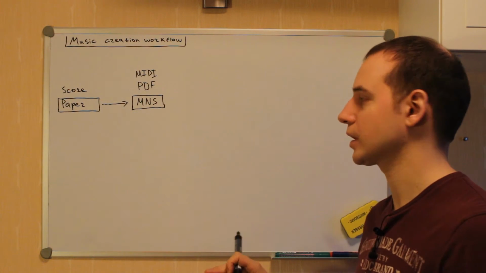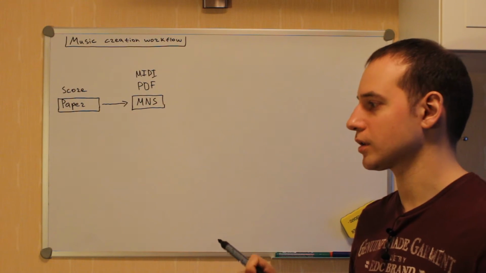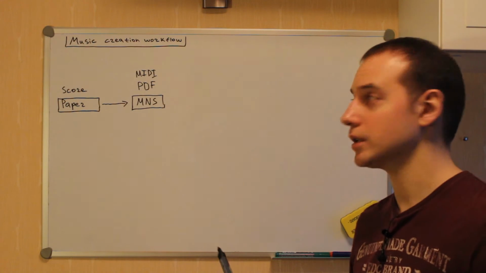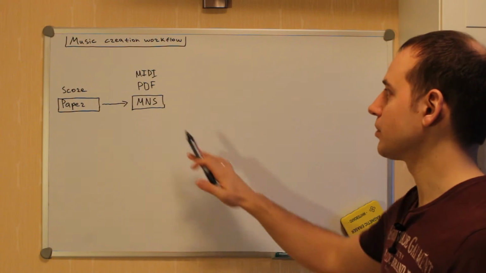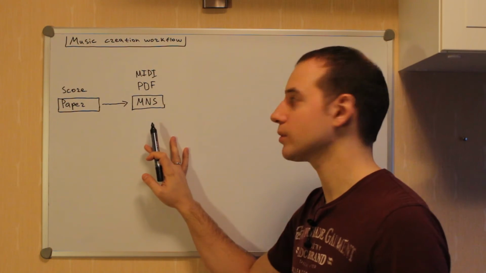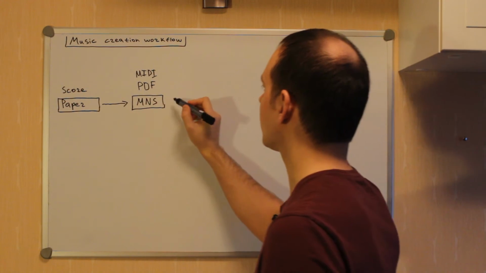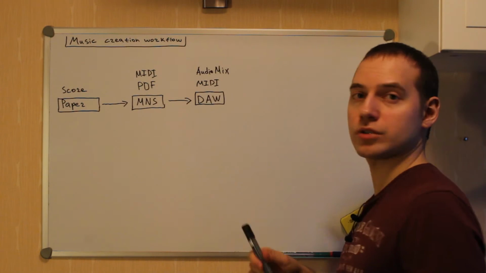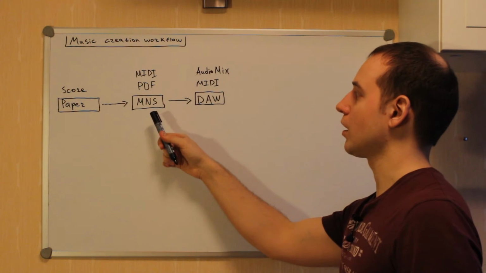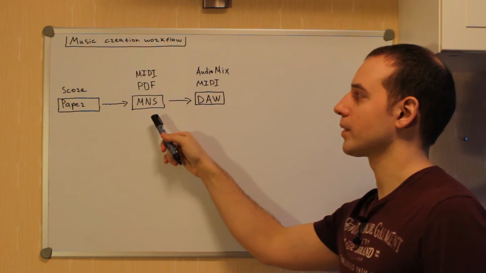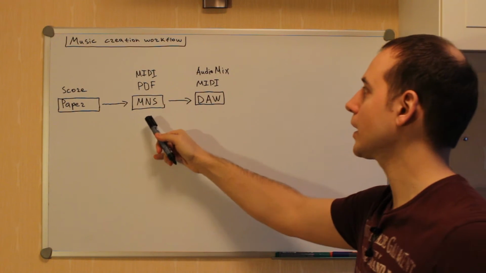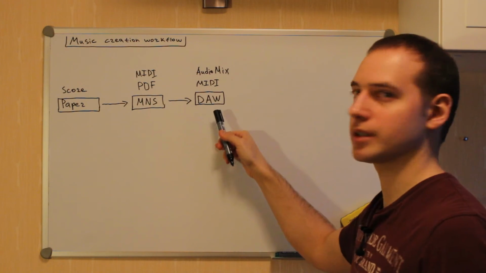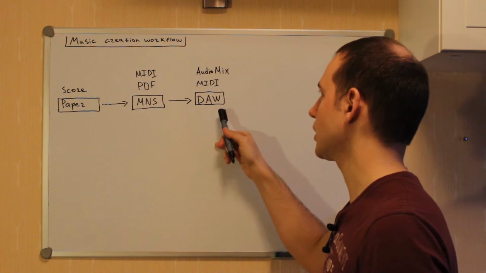a better sound. The most common way to do it is to export music from music notation software into the digital audio workstation. Here you will have MIDI and audio. So you usually take MIDI or open MIDI format from the music notation software, export it, and then import it into the digital audio workstation.